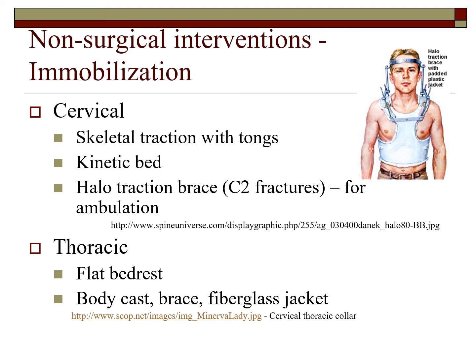So they've had a spinal column injury, but I would say their spinal cord has not been damaged. The halo traction brace would be for ambulation. You can see these are high fractures, and with those, the little halo on their head is actually attached to the skull.